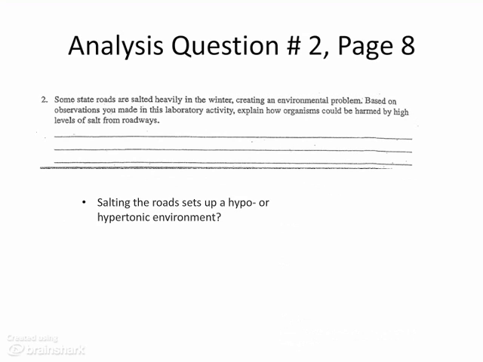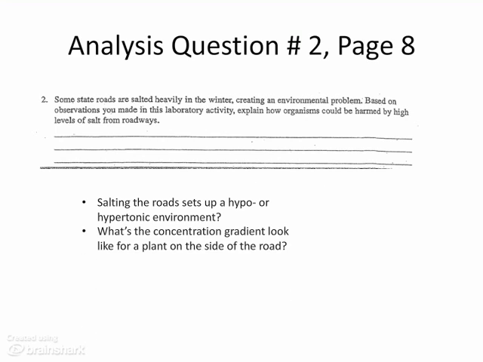Alright, well, does salting the roads set up a hypo or hypertonic environment? So since it's a hypertonic environment for the organisms that live around the road, what's that concentration gradient going to look like for a plant? Right, there's going to be a low concentration of water outside of the plant and a high concentration of water inside of the plant.